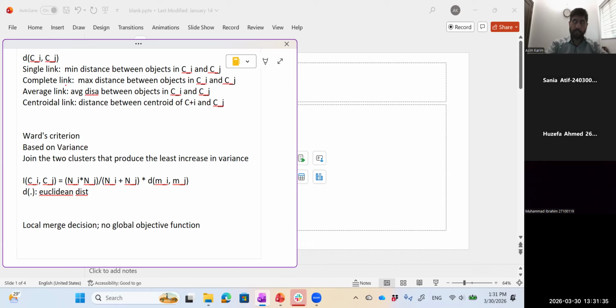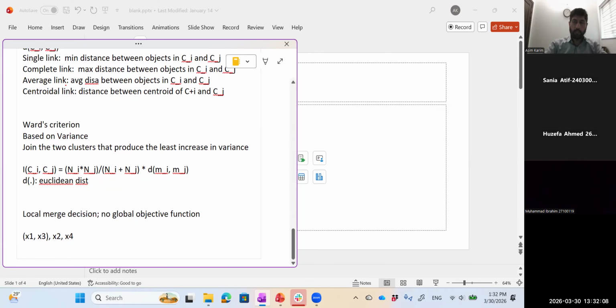Local merge decisions आपके optimal हैं, but from one step to the next step you don't make a decision that reverses the previous one. So for example, जैसे पीछे हमने example देखा था x1 वो x3 आपने merge कर दिया, तो उसके पास x2 और x4 था। ठीक है, जब x1 x3 आपने merge किया, they will always remain in the same cluster. ऊपर जाए जैसे भी जाएंगे they will always be in the same cluster. ठीक है, मे बी x1 x3 के साथ x2 मर्ज हो गया या x1 x3 के साथ x4 मर्ज हो गया, बट x1 x3 हमेशा एक में ही रहेंगे। इसको हम इस तरह भी कहते हैं, एक टर्मिनोलॉजी यूज होती है, कहते हैं देयर इज नो आइटरेटिव relocation of objects in hierarchical algorithms, while in partitional algorithms iterative relocation is possible.